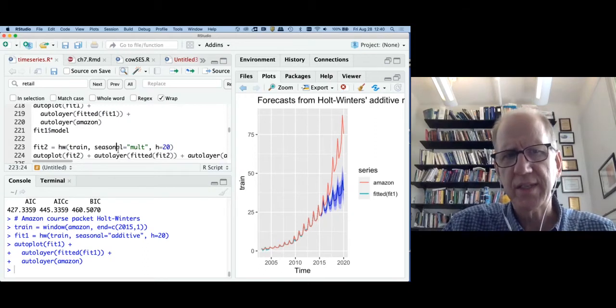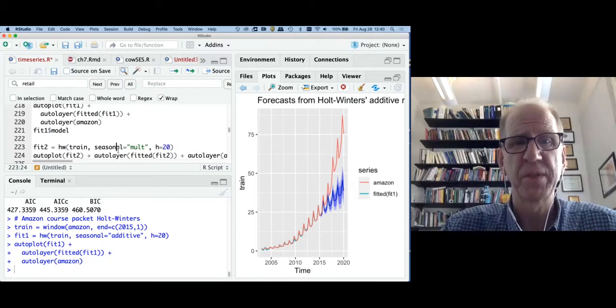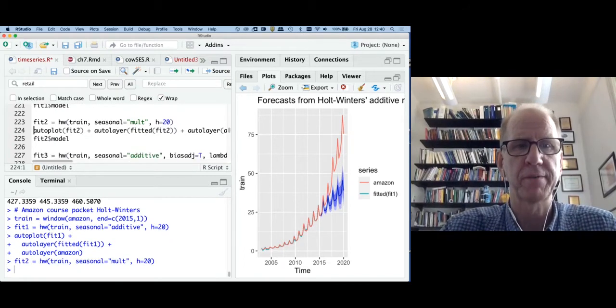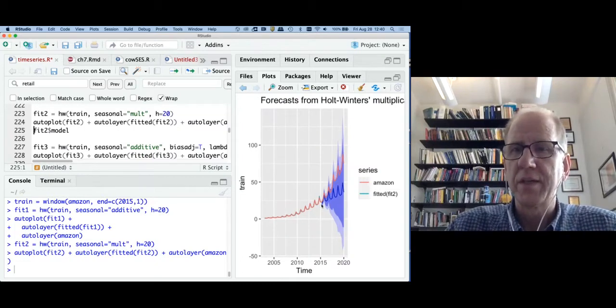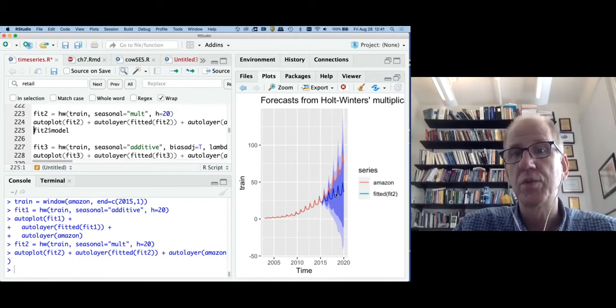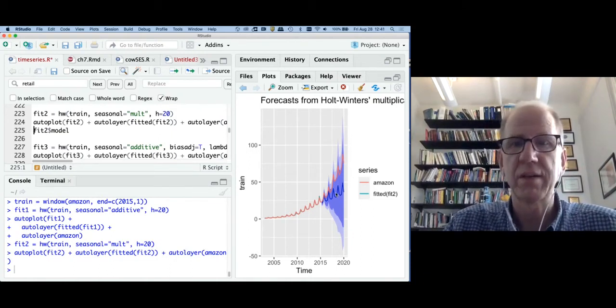Well, let's fix the second one of those problems by changing the seasonal effect to being multiplicative. Let's go look at it. And what we see is now we can observe that the estimated amplitude of these effects increases with the mean.